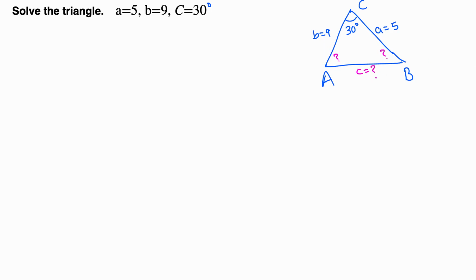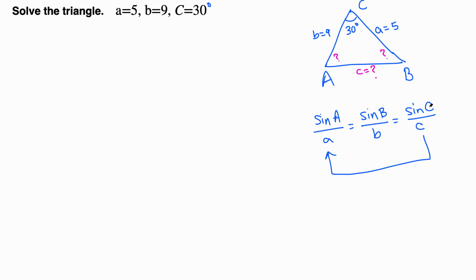Okay. Now we have the sine law, which is sine A over a equals sine B over b equals sine C over c. Angle C is given, so this angle is given. Let's try to use the first and third. Angle A is unknown, and side c is also unknown.